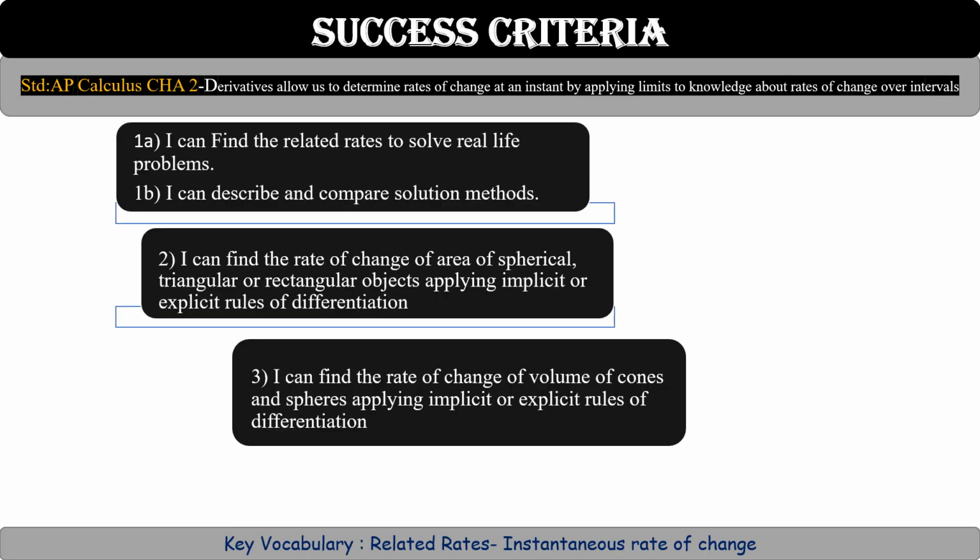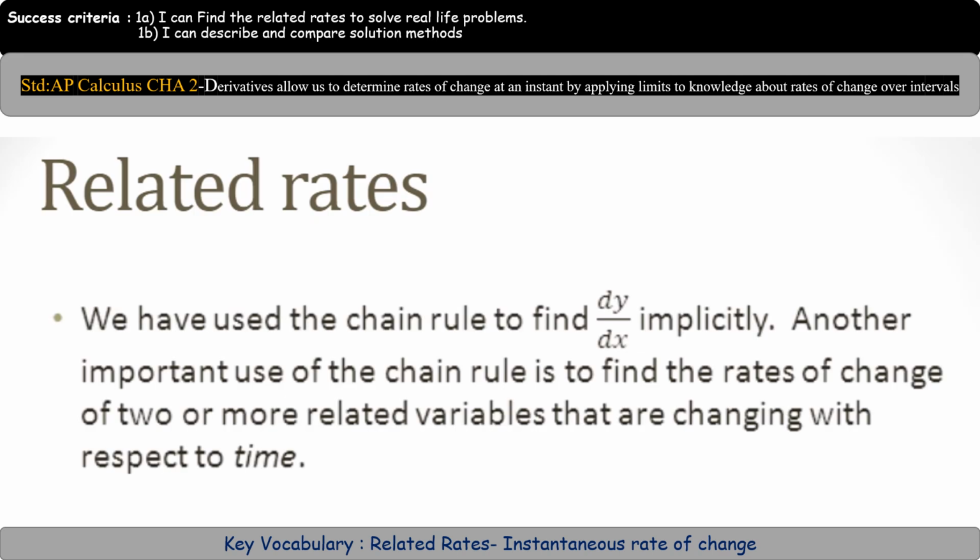So our success criteria is to find the related rates to solve real life problems and also describe and compare the solution methods. Firstly, it is very important to understand what related rates are. Whenever we talk about related rates, it means we are trying to find the changes that take place among the quantities with respect to time.